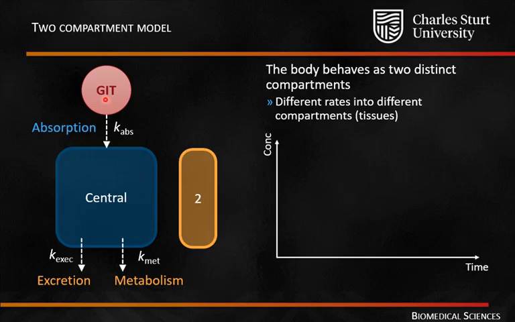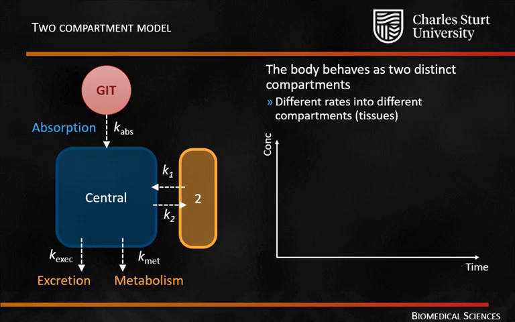The drug goes in through the gastrointestinal tract or maybe IV into the central compartment. It still has its absorption rates and its elimination rates, but there's now this second compartment. And it has its own kinetics. So the amount of drug going into it and the amount of drug coming out of it is dependent on the affinity of the drug for that compartment.